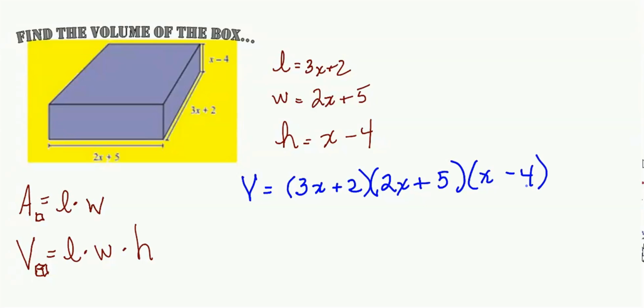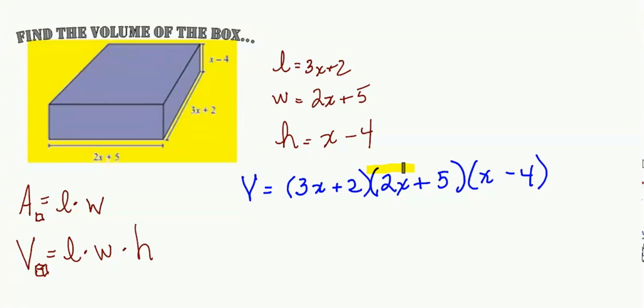Now remember, you can only multiply 2 of these things at a time. So any 2, you can pick whatever 2 you like the best, okay? It's up to you. So I like to pick, when I do this is just my choice. You can do this however you want to. Remember, we talked about that too earlier. There's usually more than one way to do a lot of these problems, okay?